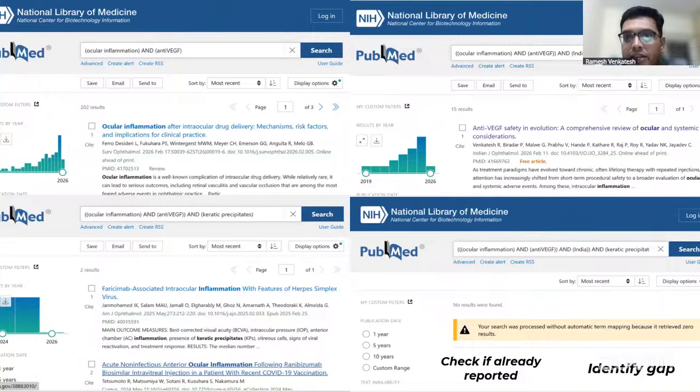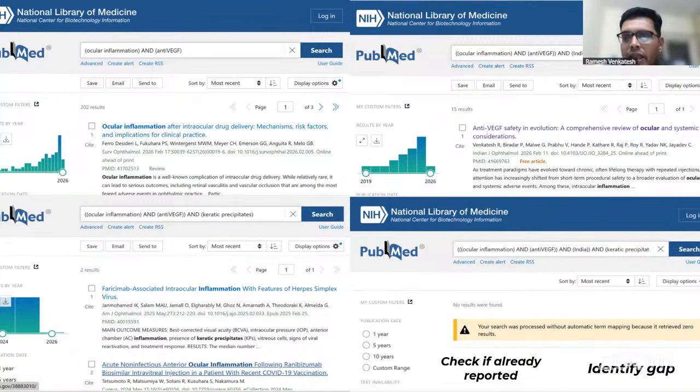There are 15 papers which have spoken about anti-VEGF safety, intraocular complications, and intraocular inflammation. So we know that, not globally, but at least at the national level, this case could have some relevance. The minute you change your filters and see how many of these intraocular inflammations have been reported with a presentation of keratic precipitates, that number further falls to 2.